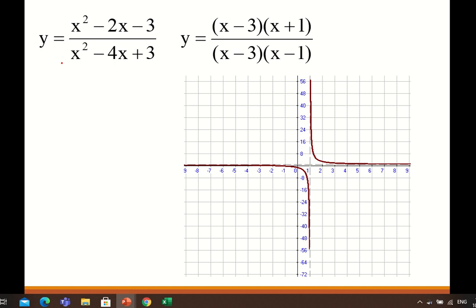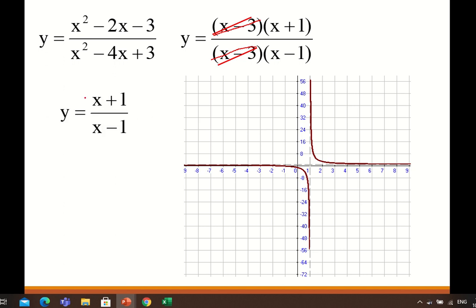Okay, so here, if you look at the numerator, this is factorable. So you do factoring here as well as the denominator. So by factoring, you can see that there is a common factor at the numerator and the denominator. Okay, so x minus 3 divided by x minus 3, that is equal to 1. Alright, so what is left is x plus 1 divided by x minus 1.